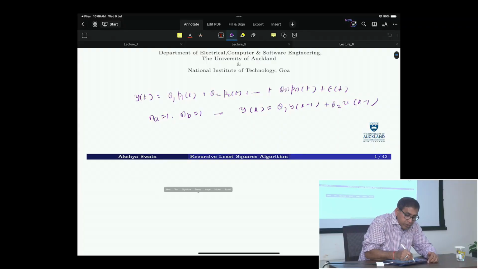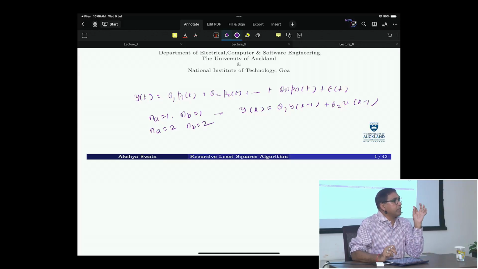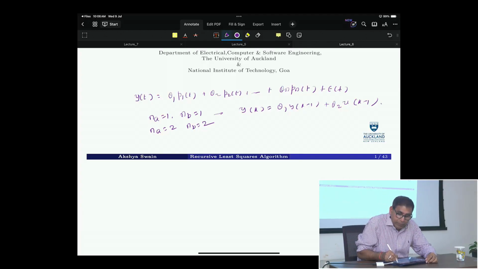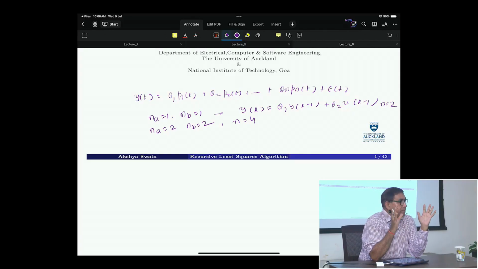You increase it: NA equal to 2 and NB equal to 2. Then your model will be y(k) equal to theta 1 y(k-1), theta 2 y(k-2), theta 3, and so on. How many parameters in total? With NA and NB equal to 1, the total number of parameters is 2. Now if you make this one, the total number of parameters becomes 4. And you find things are not okay.